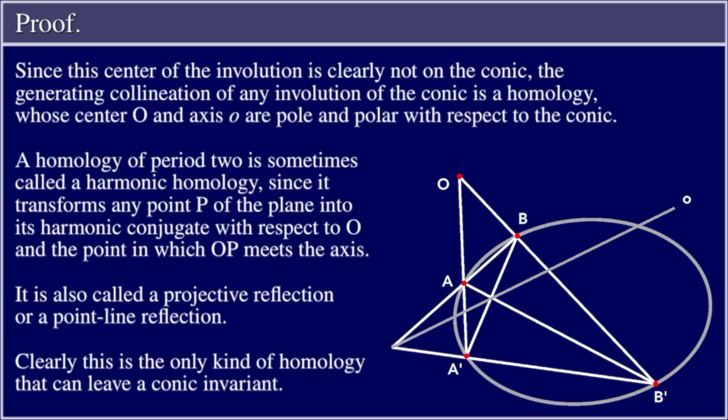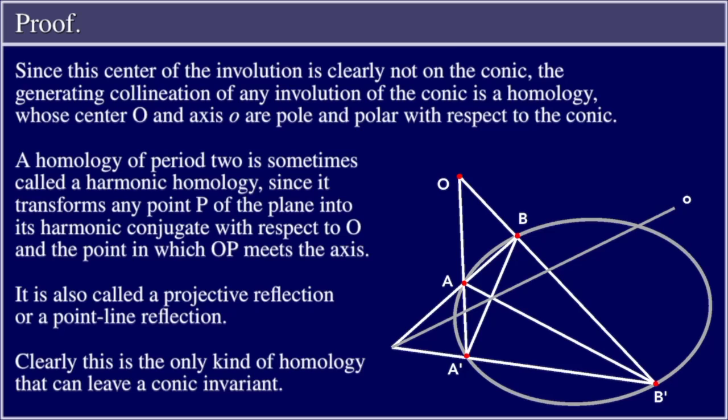A homology of period 2 is sometimes called a harmonic homology, since it transforms any point P of the plane into its harmonic conjugate with respect to O and the point in which OP meets the axis. It is called a projective reflection or point-line reflection.